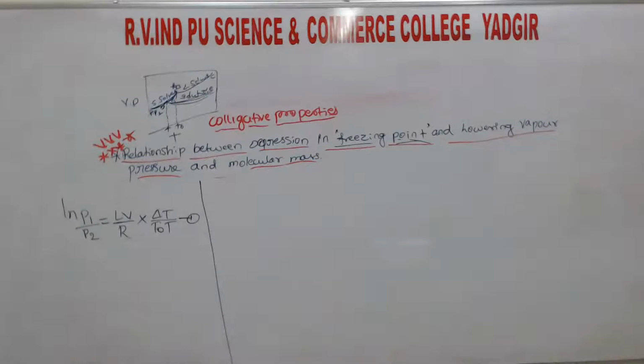It is evident that P0 is the vapor pressure of the solid solvent at temperature T0, and P2 is the vapor pressure of the solid solvent at temperature T.